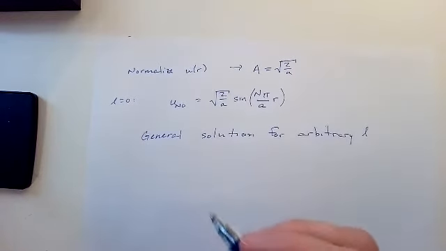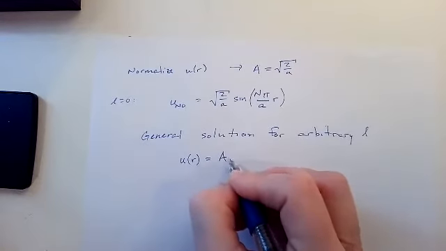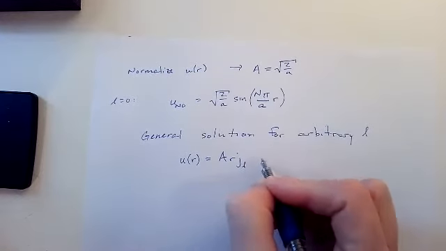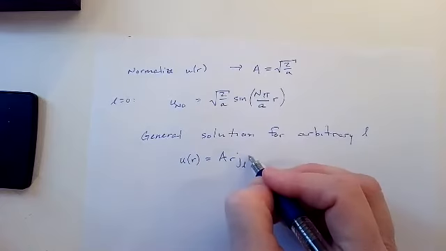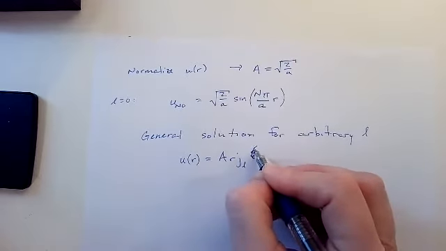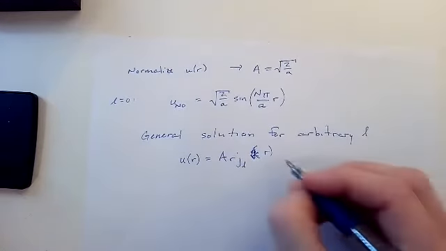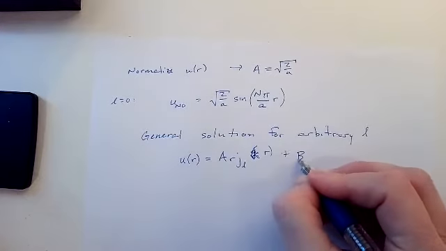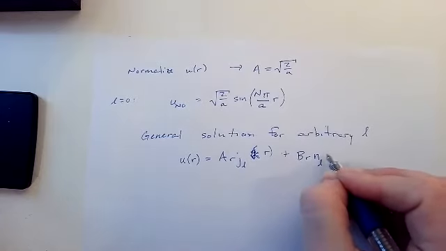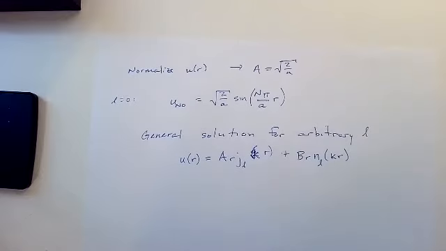The general solution for an arbitrary L is going to be this u of r equals A times r, and we'll throw another letter in here, j with a subscript L, that should be a kr in there, plus B times r times n with a subscript L and a kr in there as well.